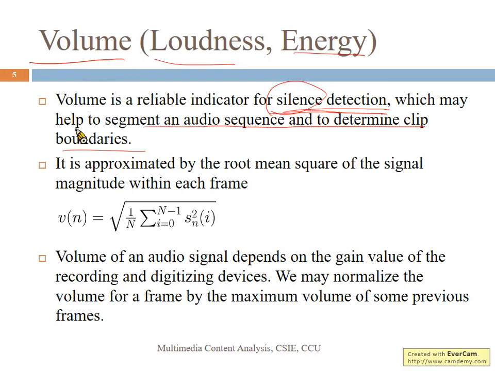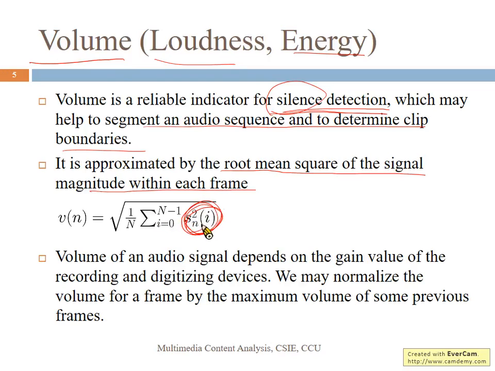How do we quantize volume? It's approximated by the root mean square of the signal magnitude within each frame. So we can see the formulation here. We just sum the sample values, the squared sample values.